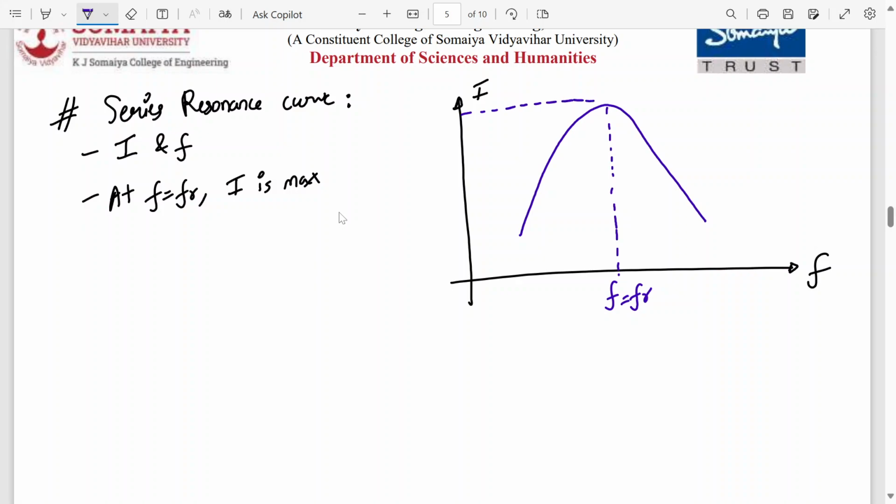This is the maximum current, I max. Can you tell me the maximum current formula? IR is V by R. Maximum resonant current is V by R. Is my power maximum over here? Yes. So maximum power is I square into R. So this is the resonance curve.